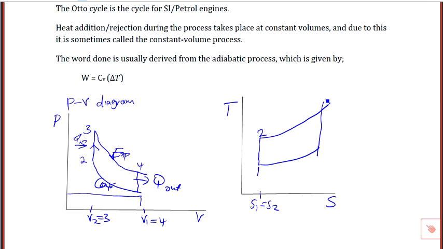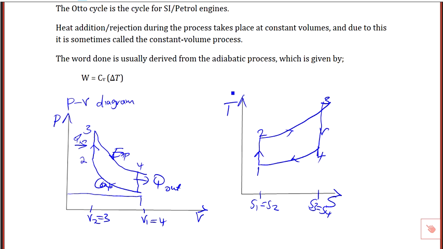This is point 3 and then to 4. So 1 to 2, and then again here S3 is equal to S4. So this is the Otto cycle processes. This is what we have in terms of diagram.